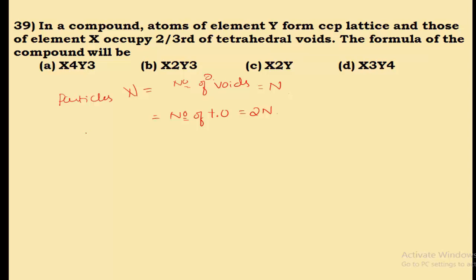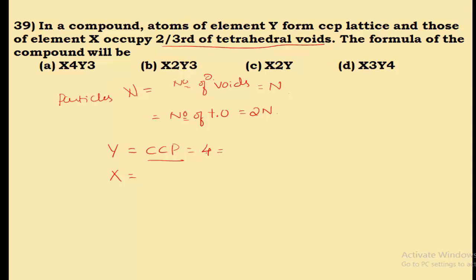Now see, in a compound, atoms of Y element form CCP lattice. CCP is also known as FCC, and the number of atoms present in FCC or CCP is 4. So 4 Y atoms are there.